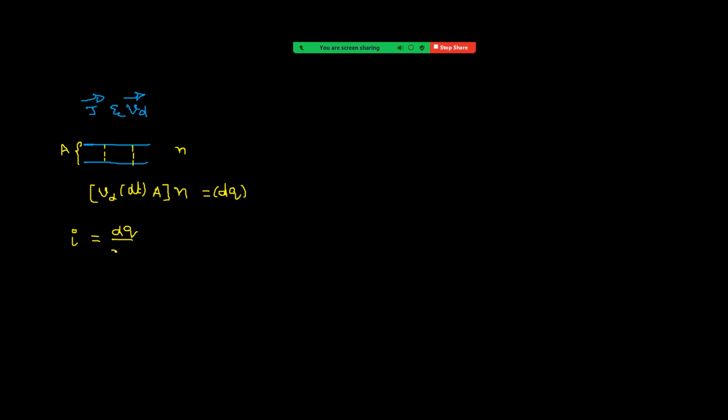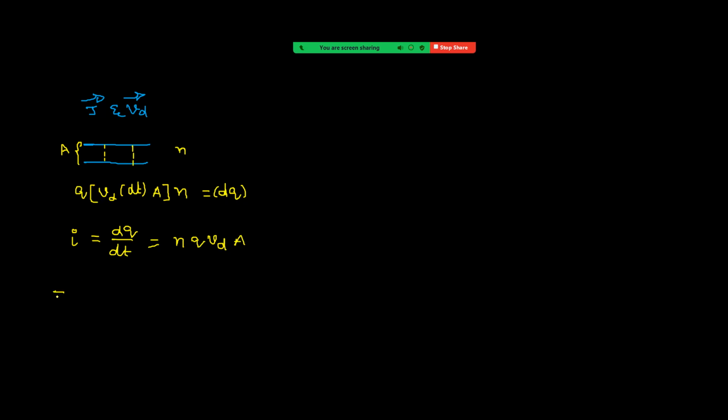How much do we get? N into, wait. Here actually we have to multiply with the charge of the electron. Or if you want to generalize, take the charge as q. Okay. Then n q drift velocity into area, right?